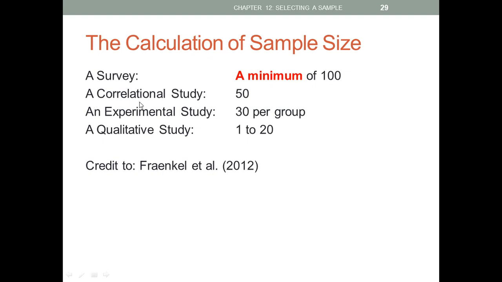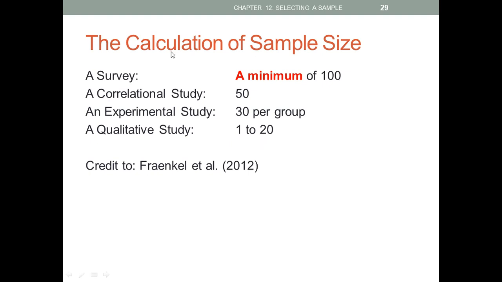If you conduct a correlational research study, you need a minimum of 50 participants. If you conduct an experimental research, you need 30 subjects or participants or respondents per group. If you conduct a qualitative research, your sample size can vary from 1 participant to 20 participants.